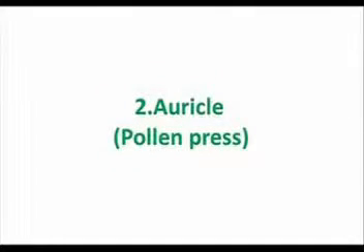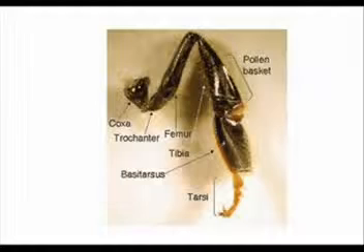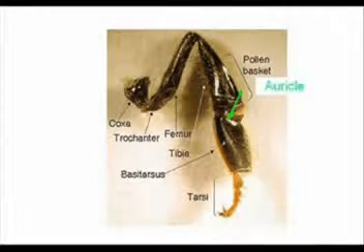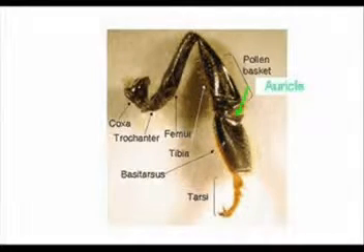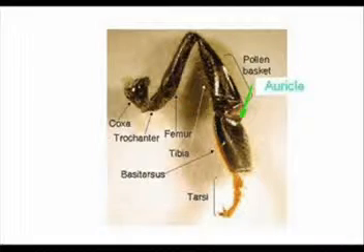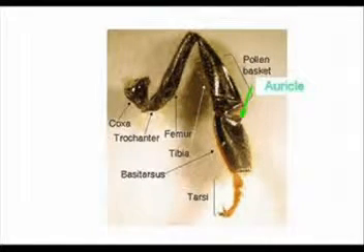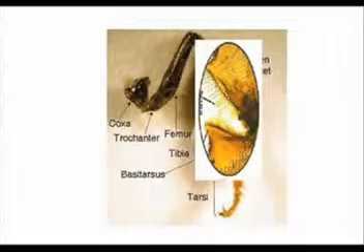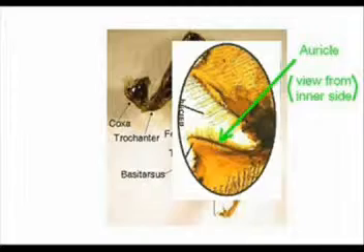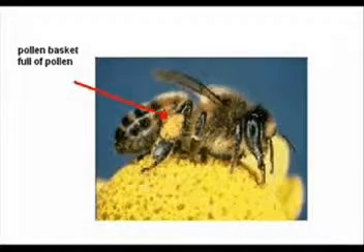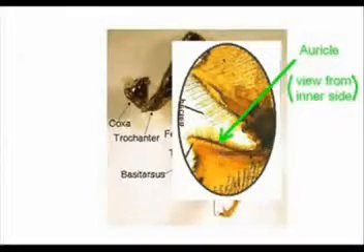Auricle. The proximal end of the pachytarsus has a small ear-like lobe called auricle that bears a row of small hair. By flexing the leg, pollen is packed into the pollen basket with the help of this auricle.